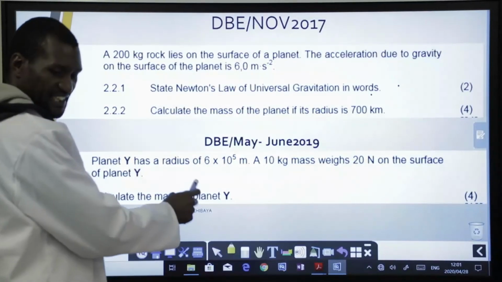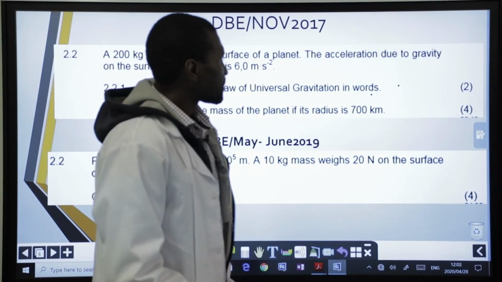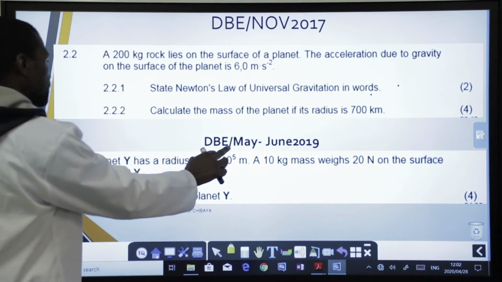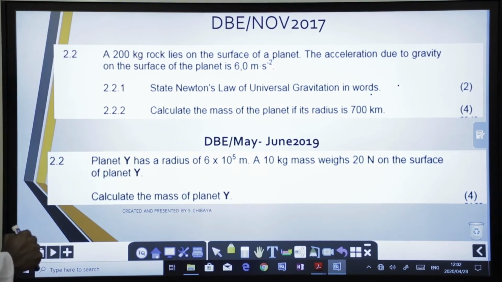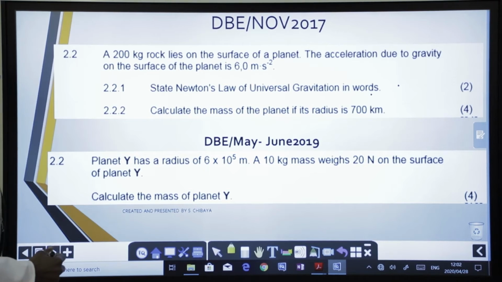The next part says, if you are going to look at May to June 2019, planet Y has a radius of 6 times 10 to the power 5.